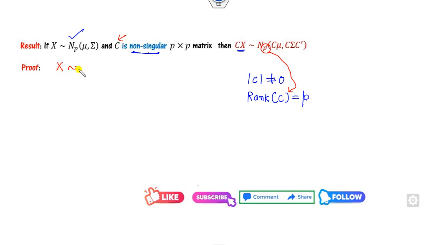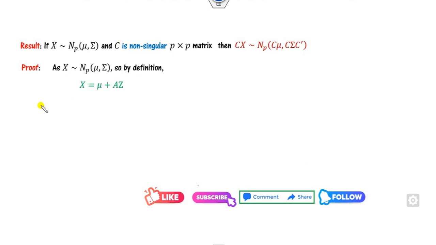What is given to you? X follows a multivariate normal distribution. So what is the definition of the multivariate normal distribution? You can write X as the mean mu plus A into Z. Fine.